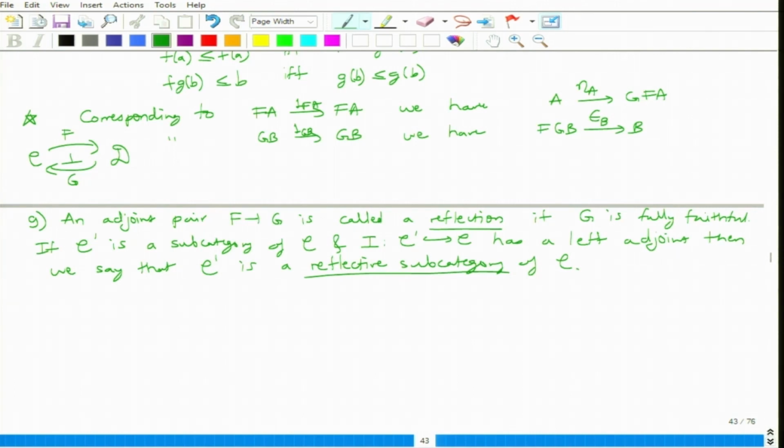The posetal reflection of a preorder, reflection of a small category. I have already used these words. And now I'm going to justify that.